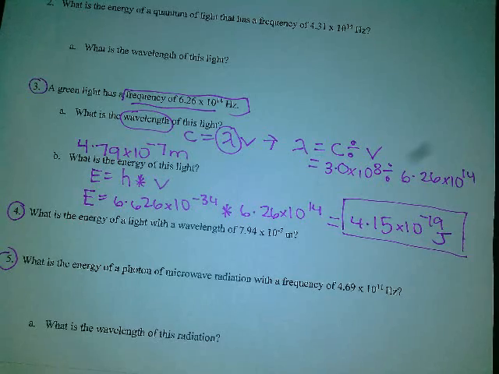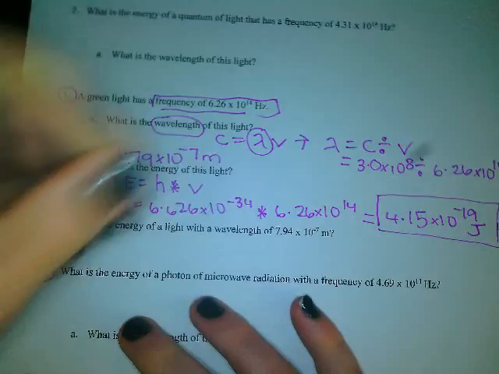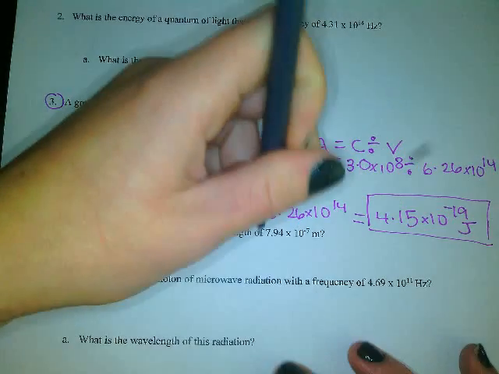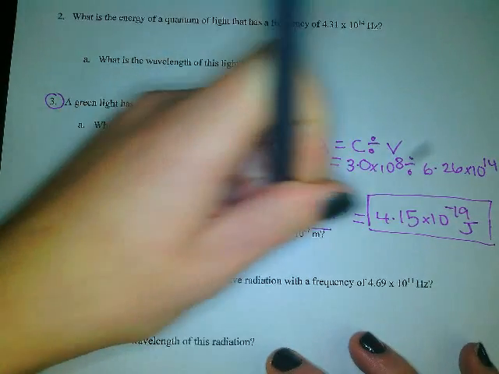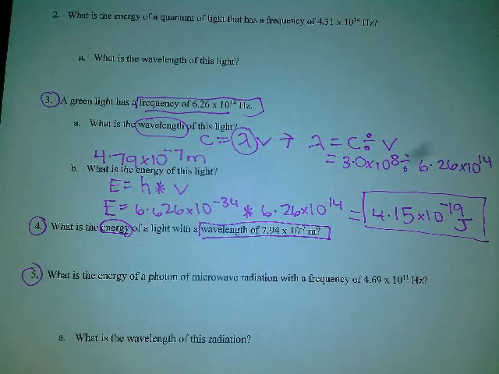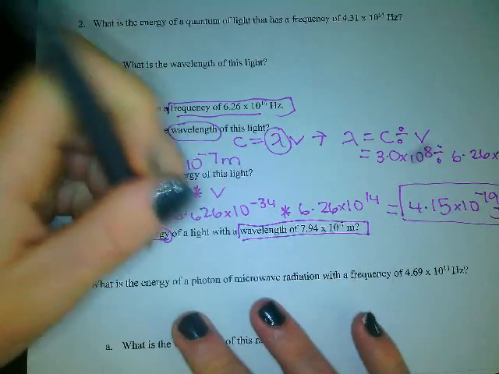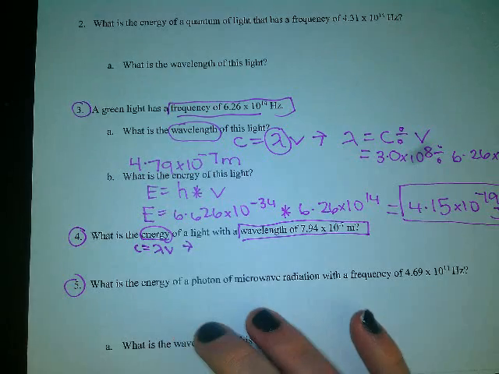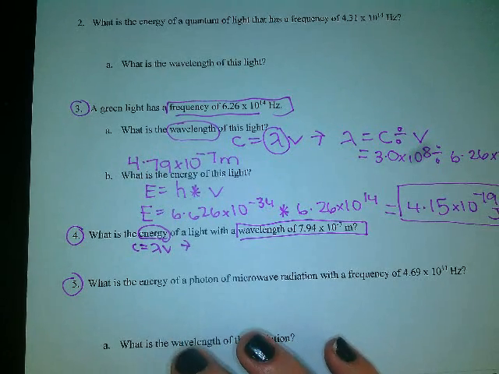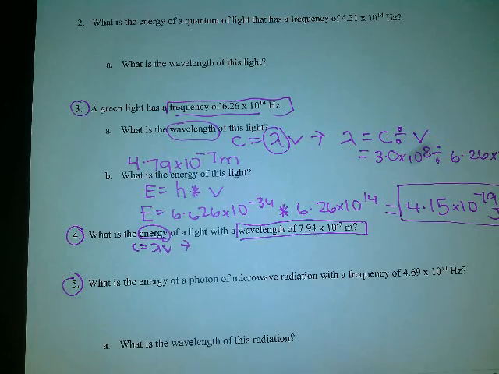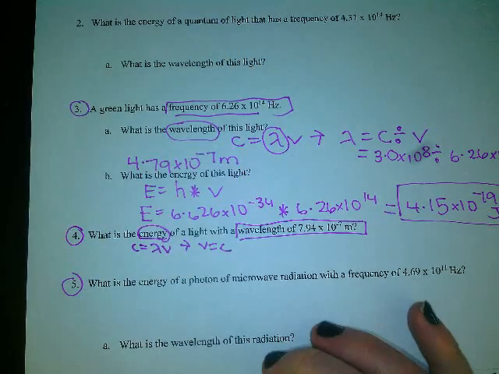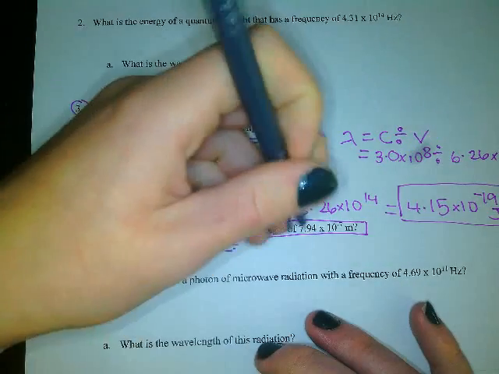Okay. Next one, what is the energy of a light with a wavelength of, here is the wavelength. This is similar to the problem before in that we have to first solve for the frequency before we can find the energy. So once again, C is equal to lambda V, and if we rearrange that, because we want to find V, that's going to be the speed of light divided by our wavelength.